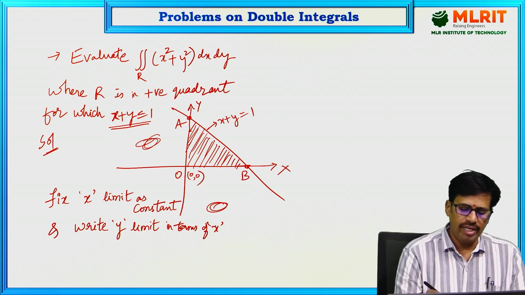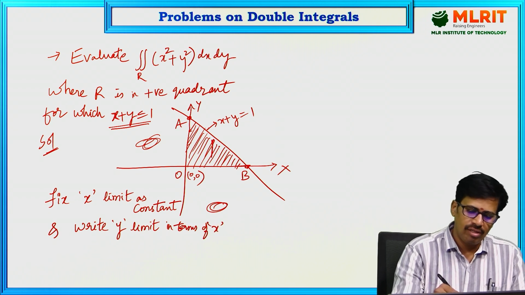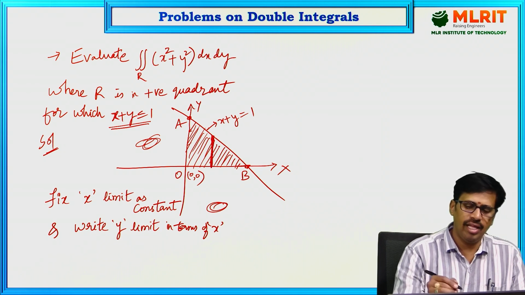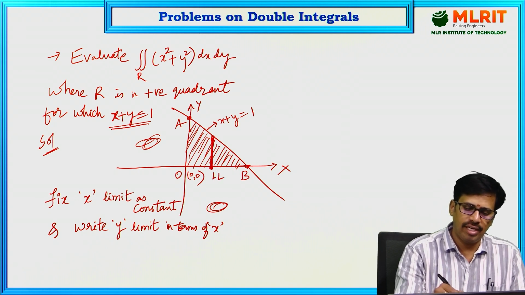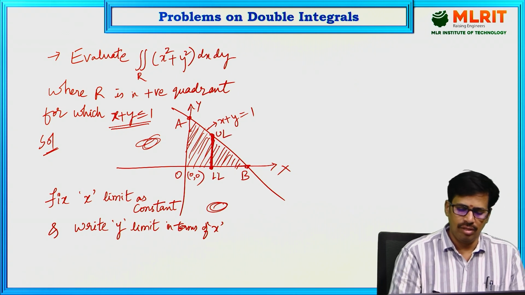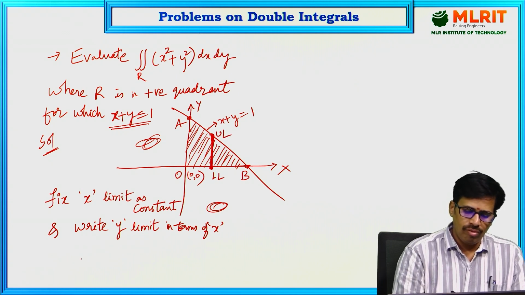So to find the y limits in terms of x, what you have to do, take a vertical strip or a vertical line in the region of integration. This vertical strip touches the lower end x axis, that is, this is the upper limit, right? So we have to write down the limits.